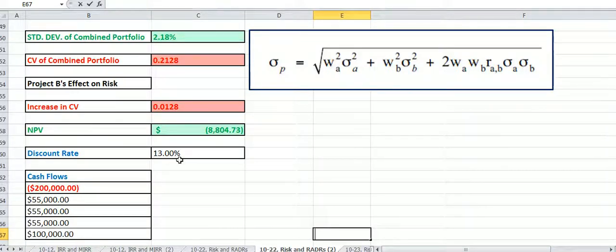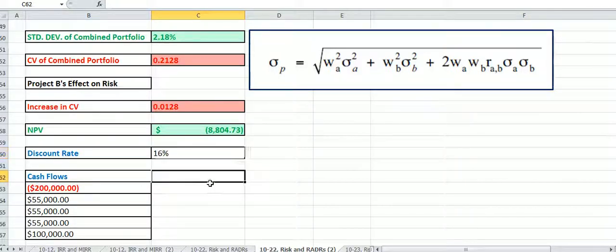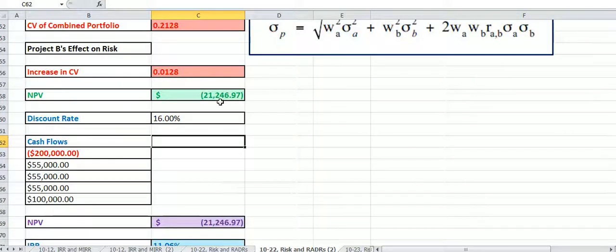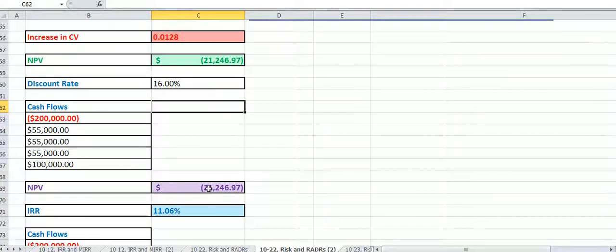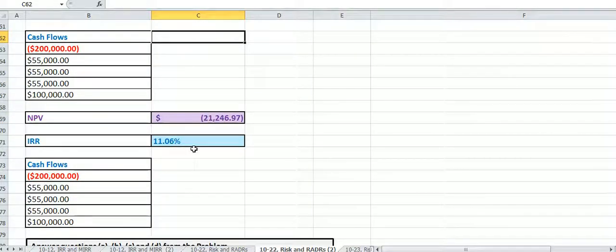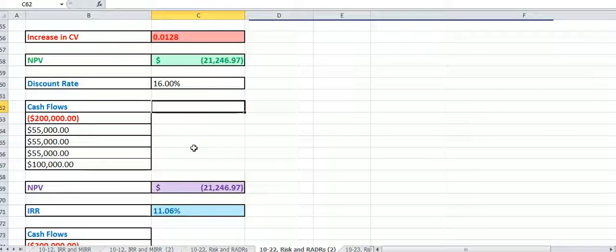So let's look at the high risk. The high risk is just going to be even more negative, and this isn't going to change. I know why I put this in here, because you can see that you're only going to be positive if you get below the internal rate of return on this investment.